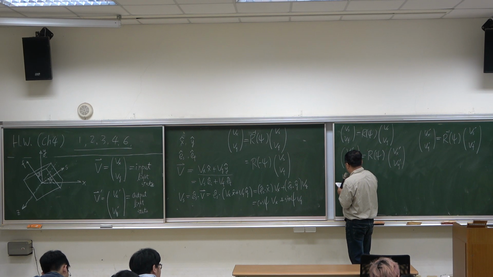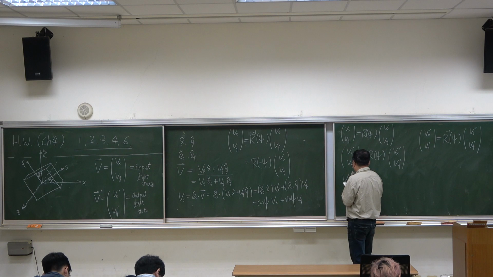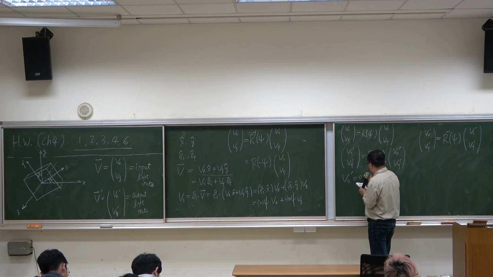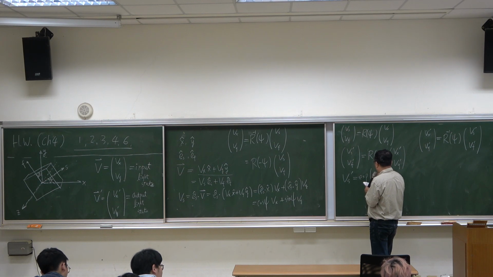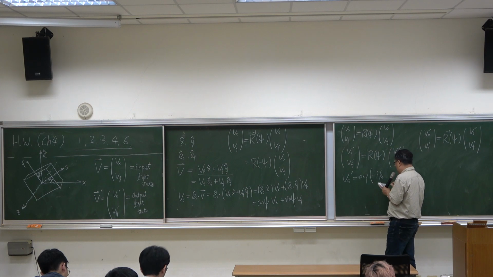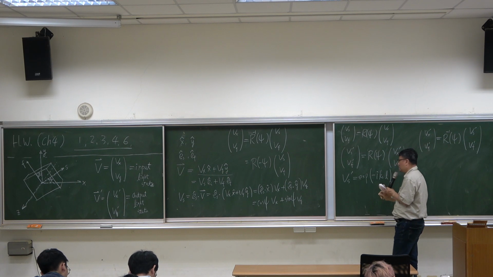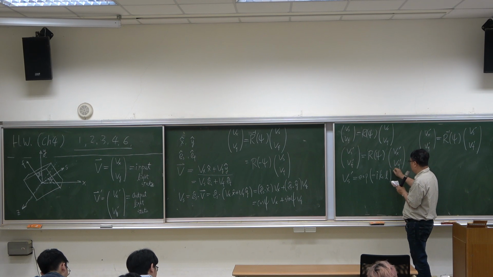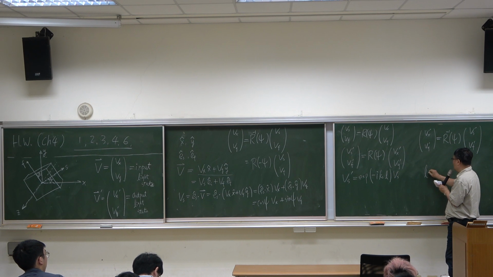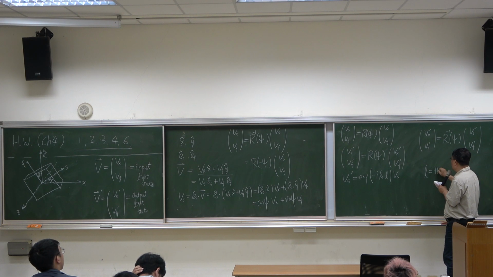It is easy to see that Vs prime is equal to exponential minus i Ks times the thickness of the wave plate times Vs. Here L is the thickness.